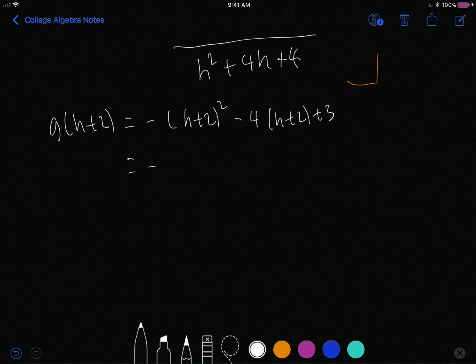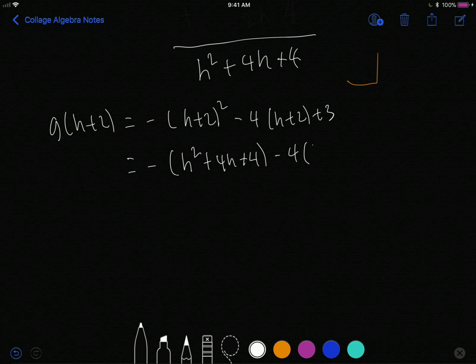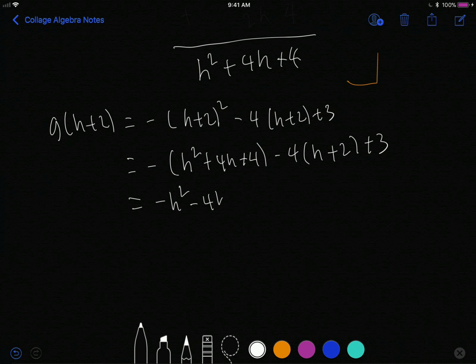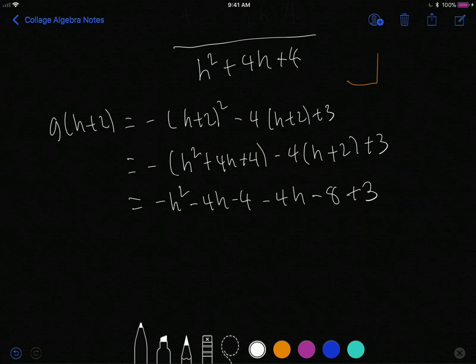But I now know that (h plus 2) squared is h squared plus 4h plus 4. And I just carry everything else down. And now I can multiply. I distribute the minus sign, negative h squared minus 4h minus 4. Then I distribute the negative 4, negative 4h minus 8 plus 3.